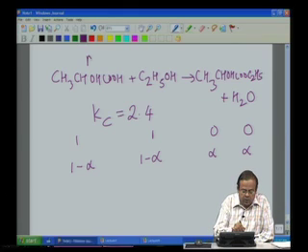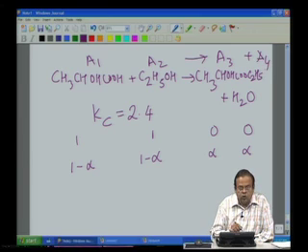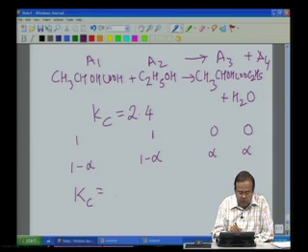So, let us label these species A1, A2, and the products A3 plus A4. Now we can define our equilibrium constant. Note that I have written the equilibrium constant with subscript C, which denotes that I am working with concentrations, since it is a liquid phase reaction, so it is easy to work with concentrations.